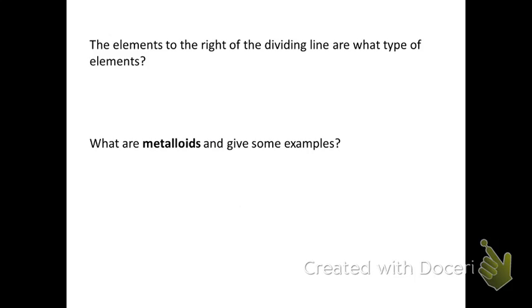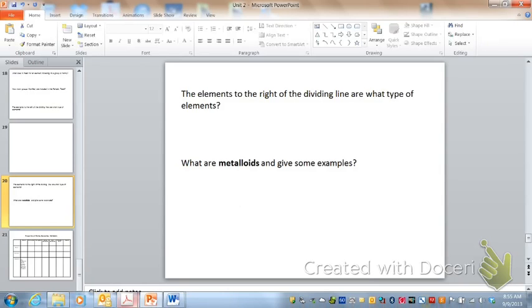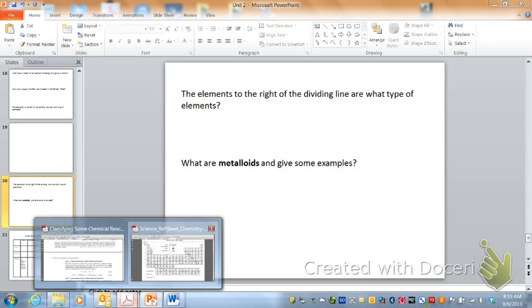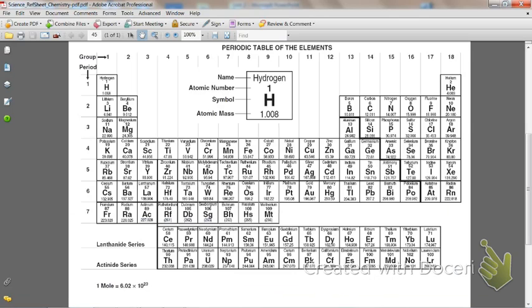Let's see here. See if I can bring up, here's our periodic table. Alright, so here's our periodic table of the elements that's in your handout. And there are some things that I want to point out to you. Okay, so going across the periodic table, you will see that there are groups.